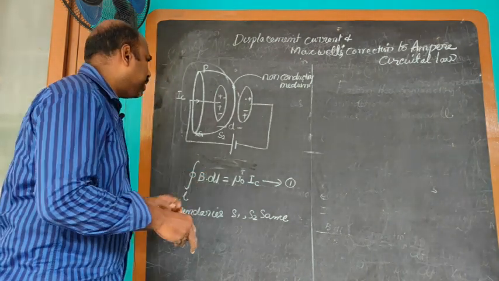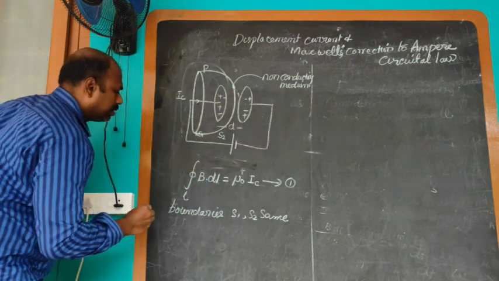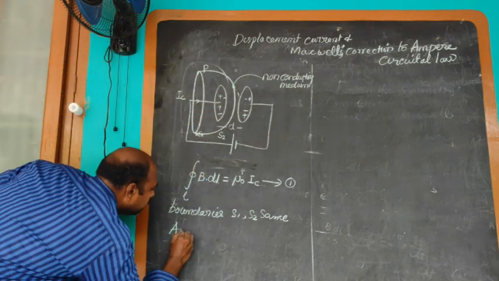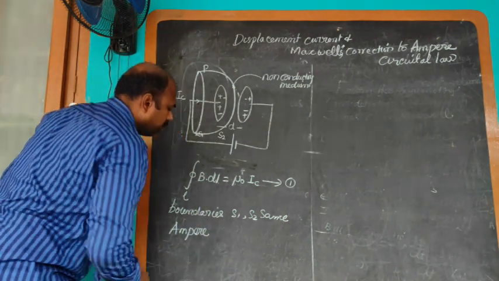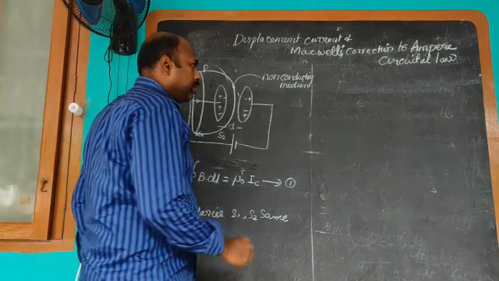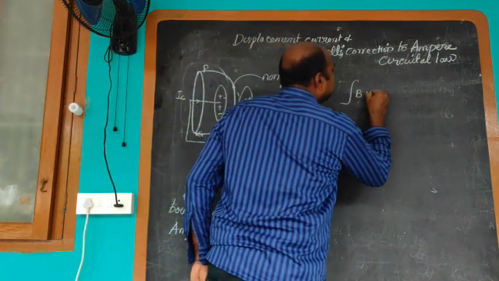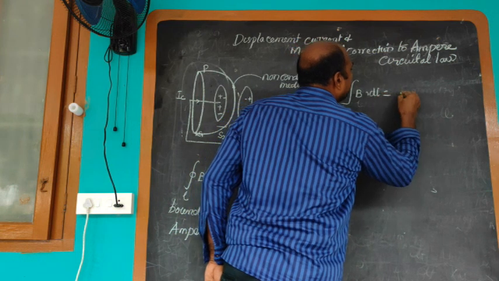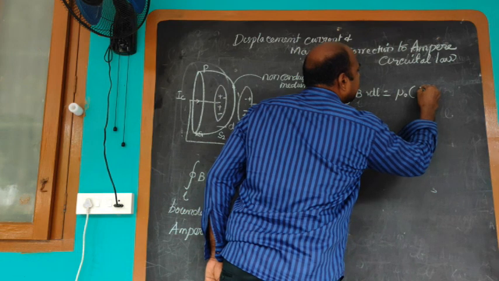So when we apply Ampere's circuital law for this loop, surface S2, what do you get? You get the magnetic field integral B dot dl equal to mu 0 times the current enclosed.